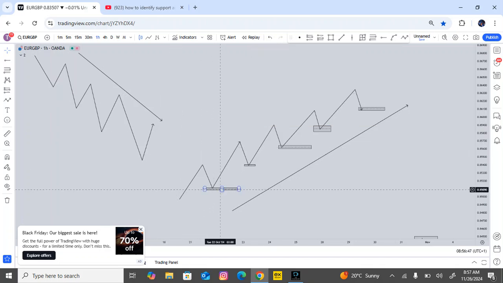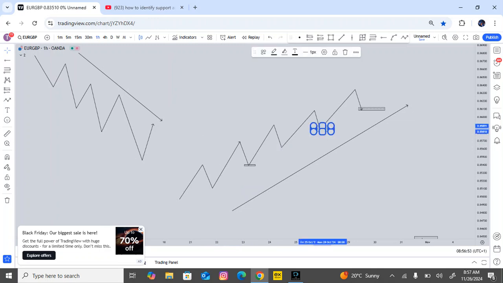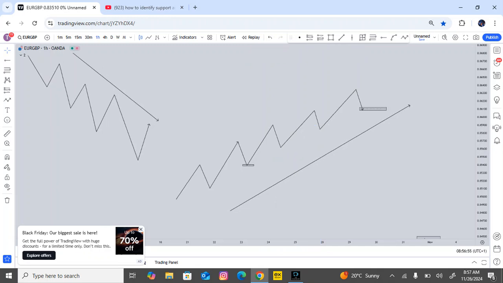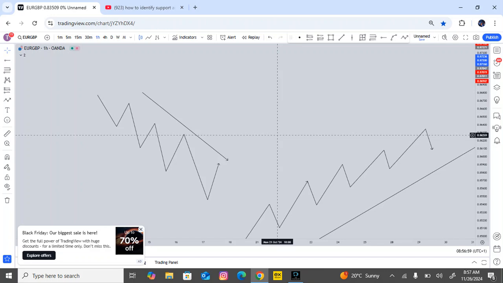All right. So as you can see, this is the uptrend, this is the downtrend. How can we identify support and resistance?